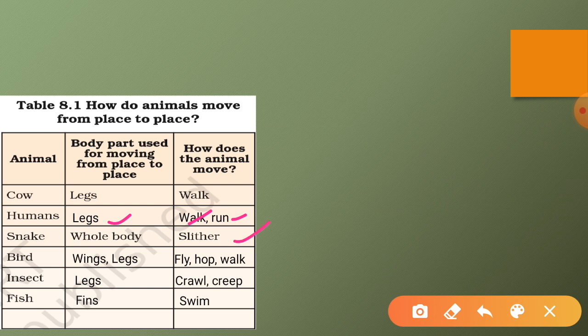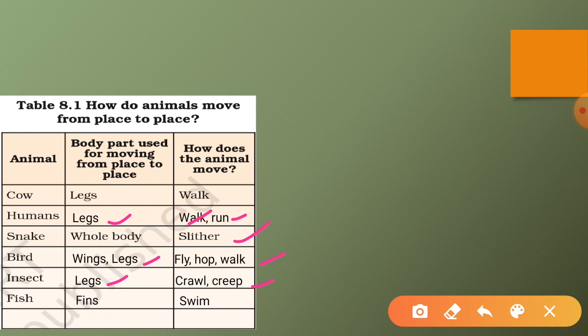Bird, they have wings and legs. They fly using their wings. They hop or walk on their legs. So it depends on the type of bird. Different birds use different types of movements. Now, insect. Insects have legs and they crawl or creep on the ground.